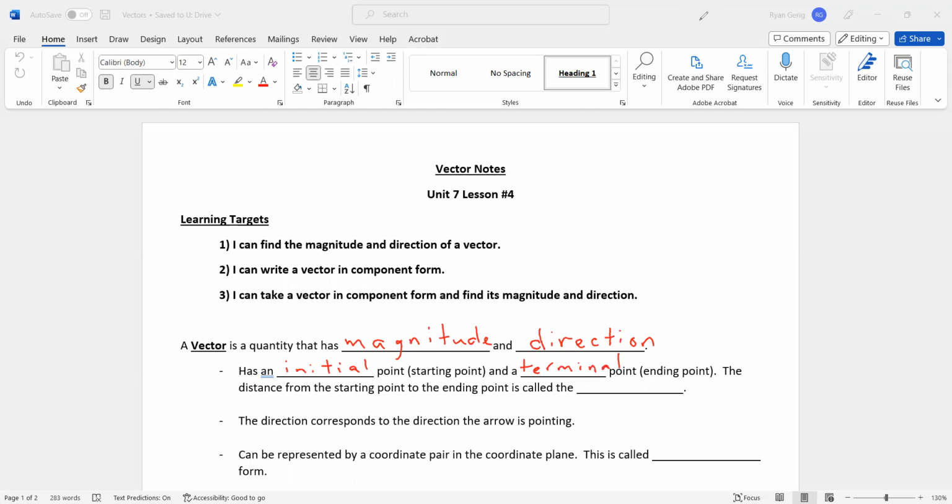So it stops. The distance from the starting point to the ending point is called the magnitude. So the magnitude is just its length. The direction corresponds to the direction the arrow is pointing. A vector can be represented by a coordinate pair in the coordinate plane. This is called component form. Those are kind of the basics of vectors.